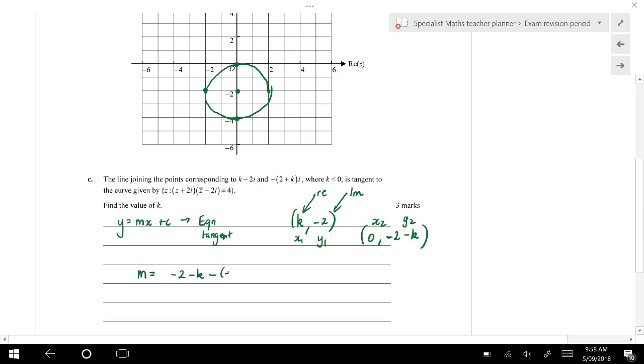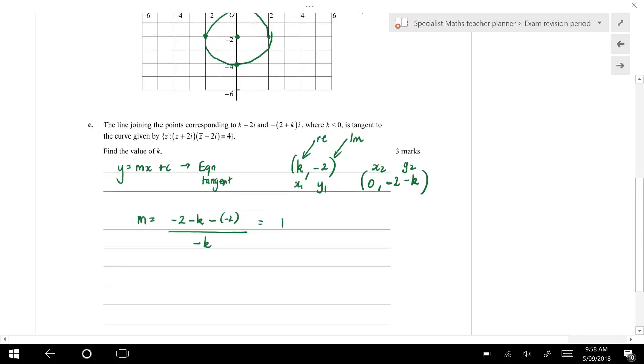That's going to be minus, oh look at that. So that's going to be quite nice for us. And x2 minus x1, which is over k. So therefore, that's going to be 0 minus k, which is minus k. That would be really easy to do. That's going to be equal to 1.